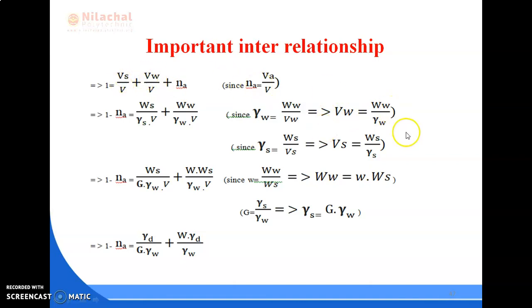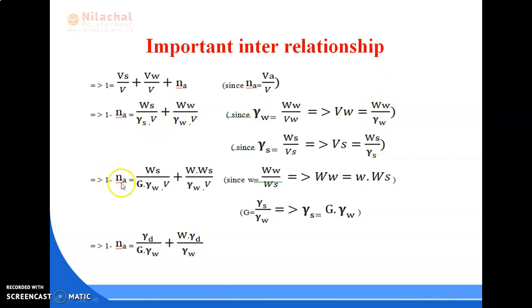So Vw equals Ww by gamma w. Similarly, gamma s, the unit weight of solid, equals Ws by Vs, which implies Vs equals Ws by gamma s. So we put these values in place of Vs and Vw: Ws by gamma s into V plus Ww by gamma w into V. So these are the values.